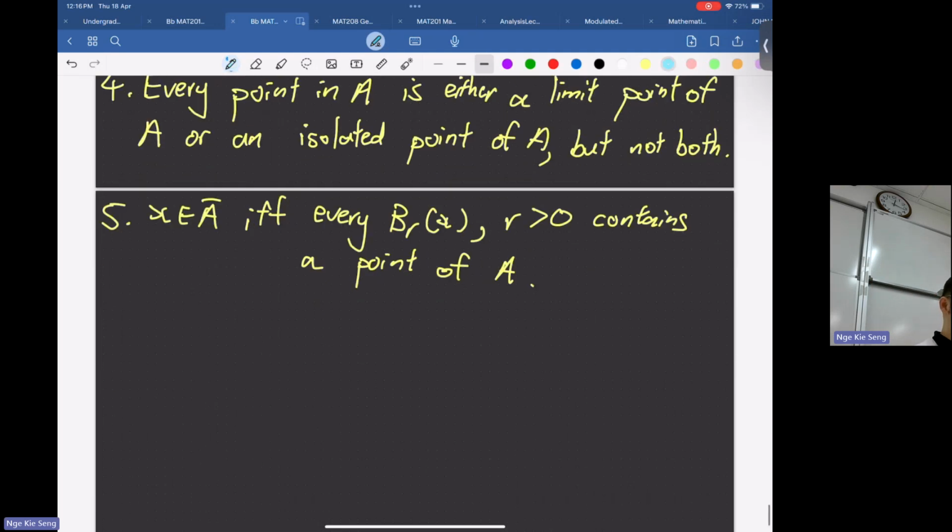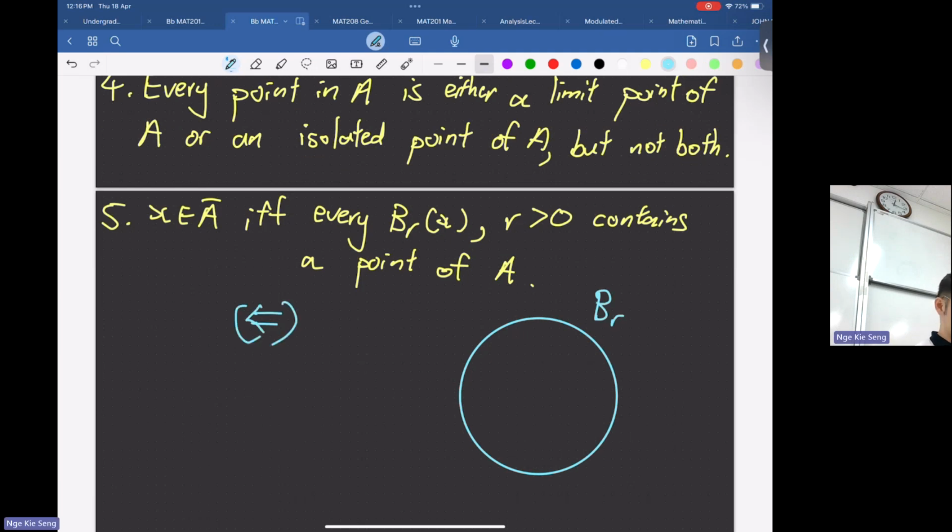Let's say I have a ball containing a point in A. This point could be a point that is not equal to x, or x itself is in A. So two possibilities.